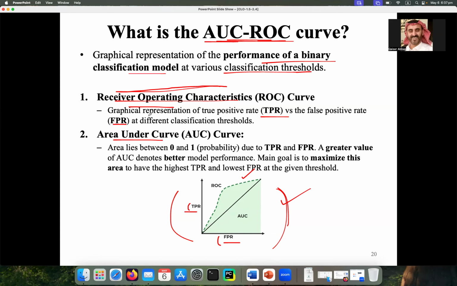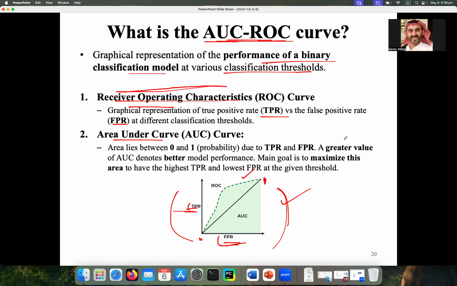The area of AUC lies between what? 0 and 1. Because the values of FPR and TPR are probability values, they are between 0 and 1. So this AUC will also have values between 0 and 1.